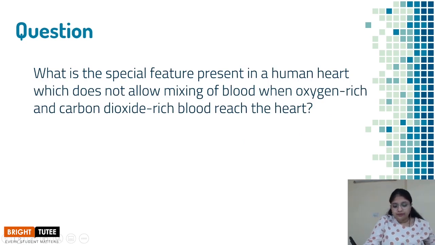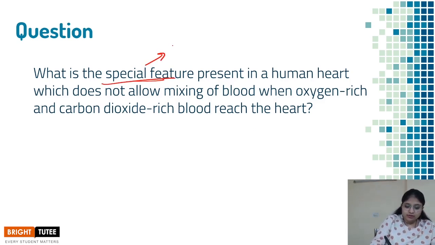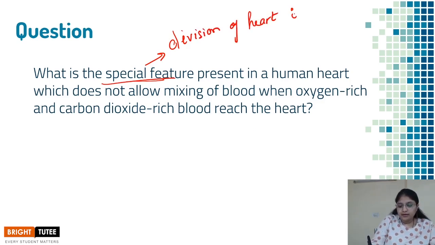What is the special feature present in a human heart which does not allow mixing of blood when oxygen rich and carbon dioxide rich blood reach the heart? This special feature is the division of the heart into right and left chambers, right?